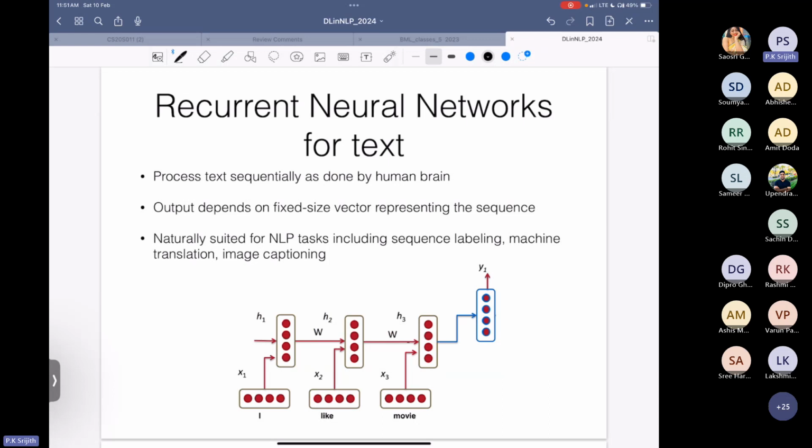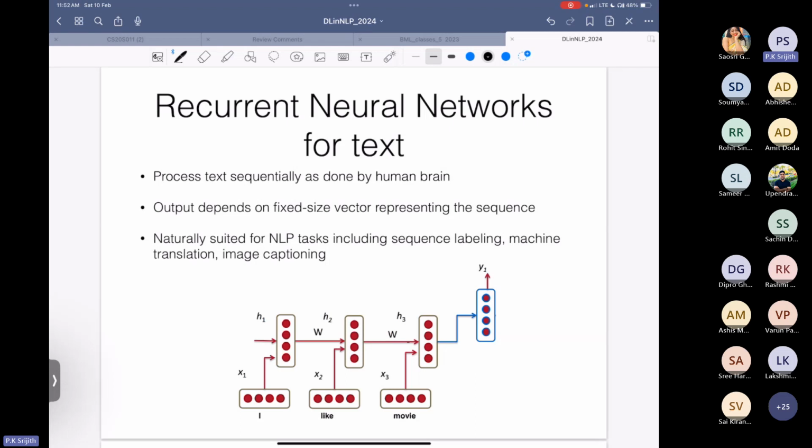And recurrent neural networks can easily work on text data of varying length without any additional cost or any change in the internal representations. So it can naturally process varying length inputs. That is another advantage in using a recurrent neural network for text data.